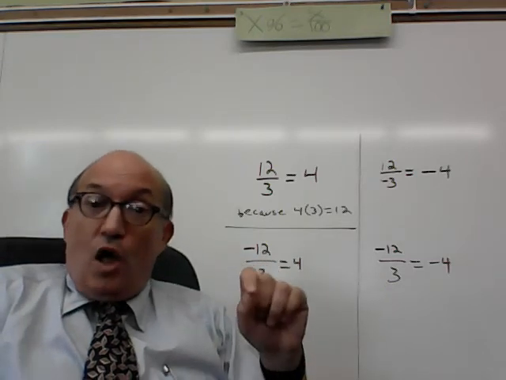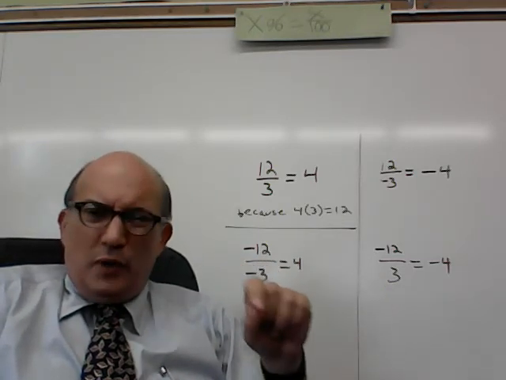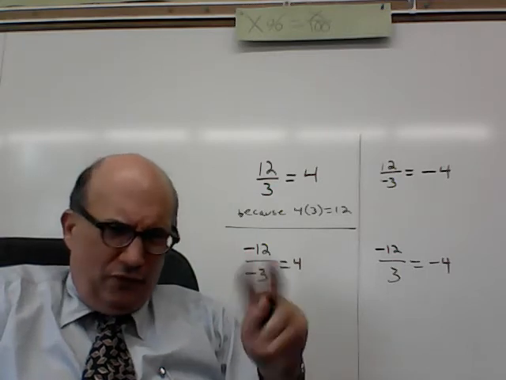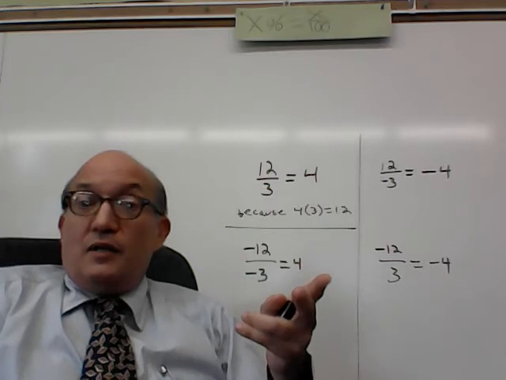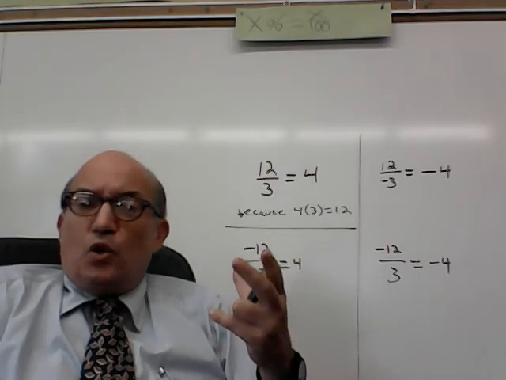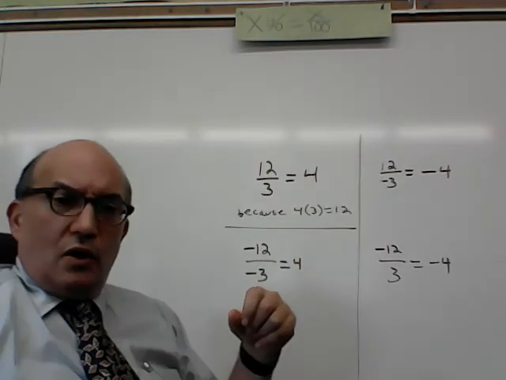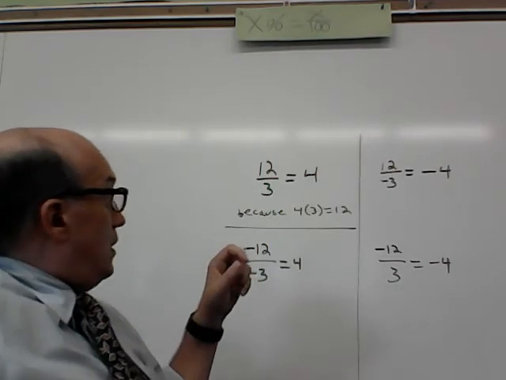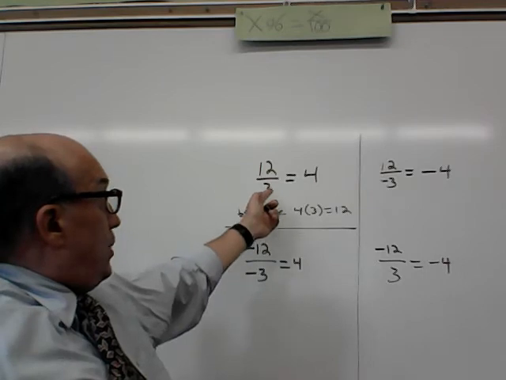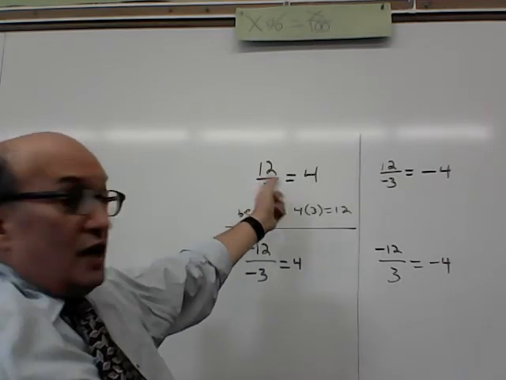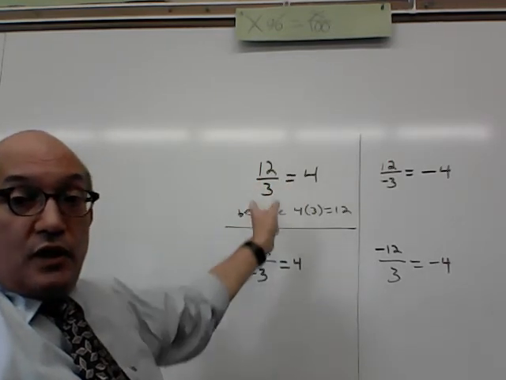So instead, I always explain why. And to explain why you flip that second fraction and multiply, you have to go back to the definition of division, that a division is a question about multiplication. So that's for another time, why we flip a fraction and multiply. But the reason that 12 divided by 3 is 4 is because 4 times 3 is 12.